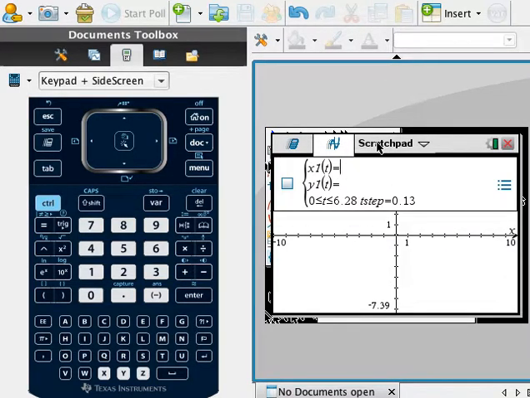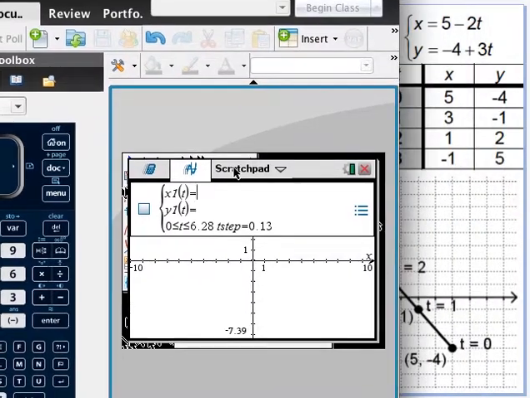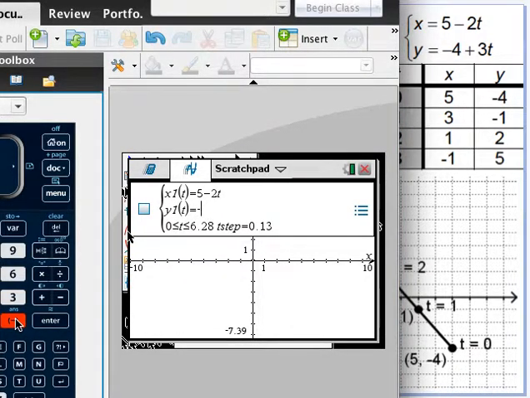So in your notes, I believe we have the equation 5 minus 2t for x, and then for y, we have negative 4, so let me put the negative sign, 4 plus 3t, okay?